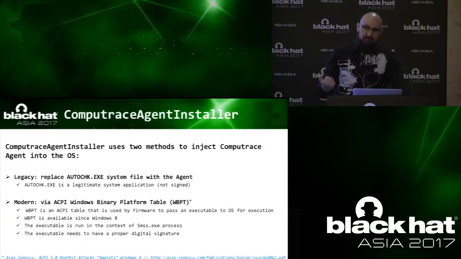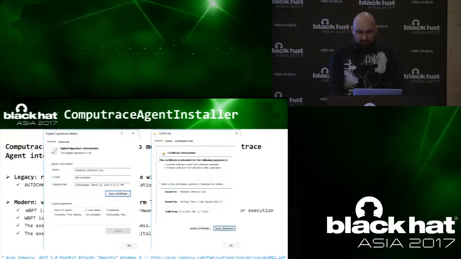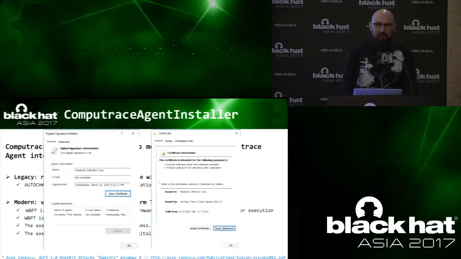In this case, the binary is digitally signed, which is the difference from the legacy. Also, we can see here it's signed by Symantec, with a certificate issued to Absolute Software, the developers of Computrace.